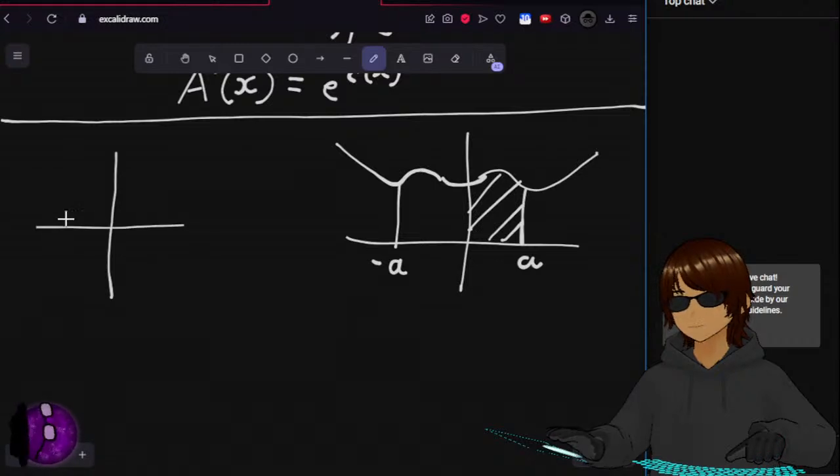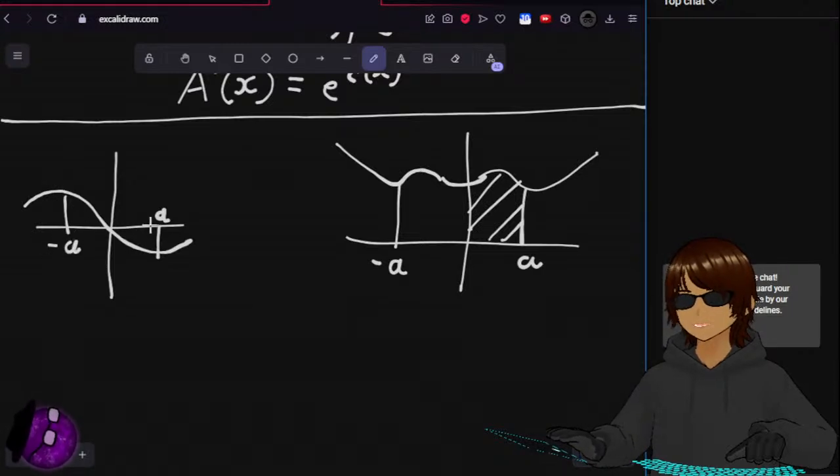So if I do minus a to a, the area over here would be equal to the area over here. So if you take the integral of both, you will get 0 because the net area is 0. So the area over here minus the positive value of the area here.